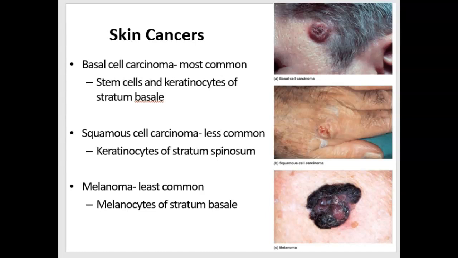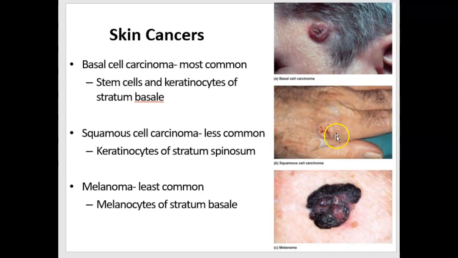So basal cell carcinoma is the most common because that's where cell division is already taking place. Squamous cell carcinoma is of the cells that are dividing in the stratum spinosum usually. And melanoma, it's the melanocytes in the stratum basale that are undergoing unregulated cell division.